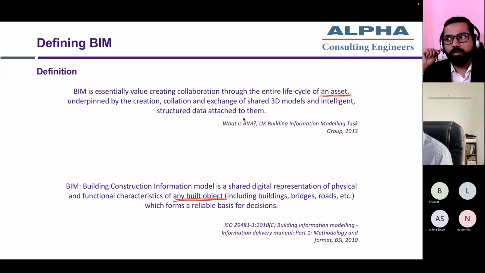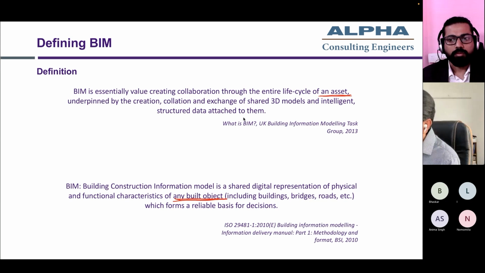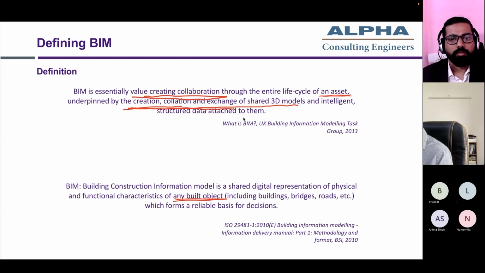The third definition is again talking about collaboration, in a more detailed manner: creation, collation, and exchange of shared 3D models and intelligent structured data attached to them. And the last one simply takes all the definitions and extends them to any built object.